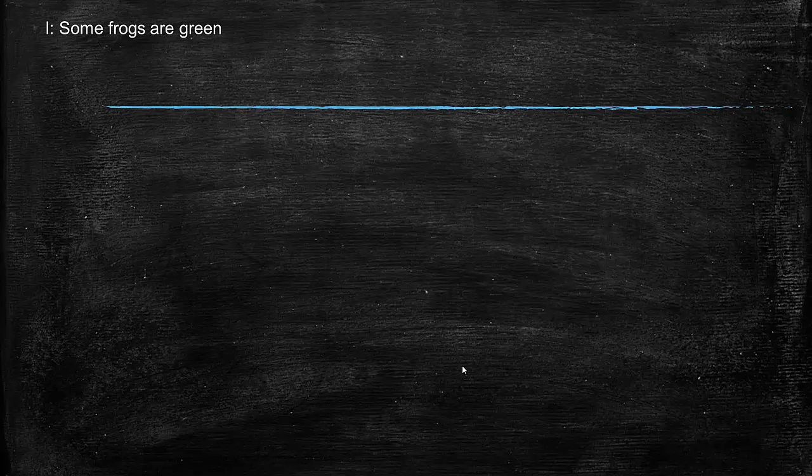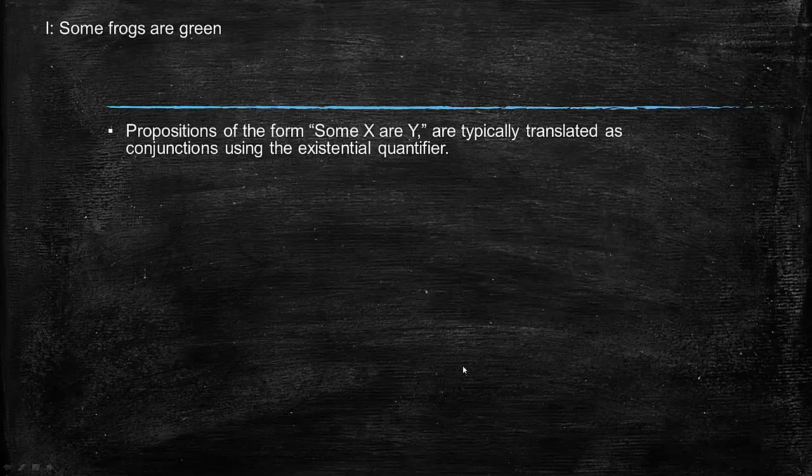Okay, so how do we say some frogs are green? Well, you probably are thinking that I bet we use the existential quantifier here, and you're right. Propositions of the form some x are y are typically translated as conjunctions using the existential quantifier. So some frogs are green is translated as there exists an x such that x is a frog and it's green.